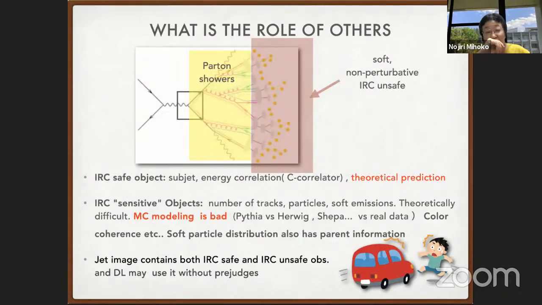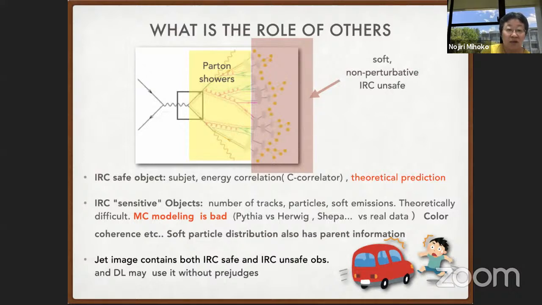This is the IRC safety issue. There are two kinds of objects in the jet. One is an IRC safe object, which is stable against soft or collinear emissions, and those have a good theoretical prediction and are nice to use.